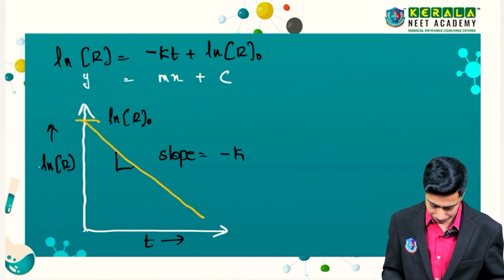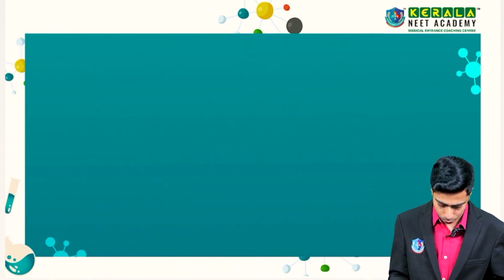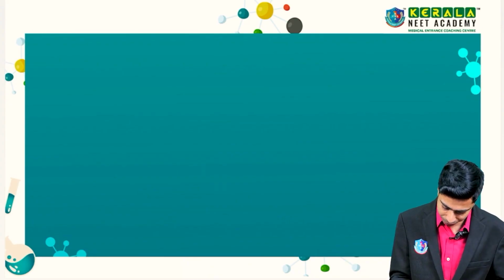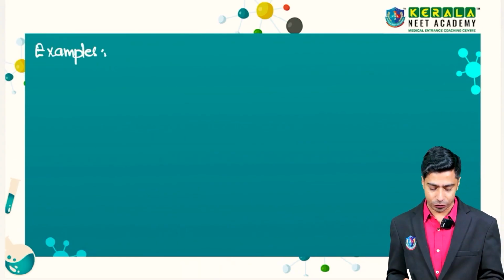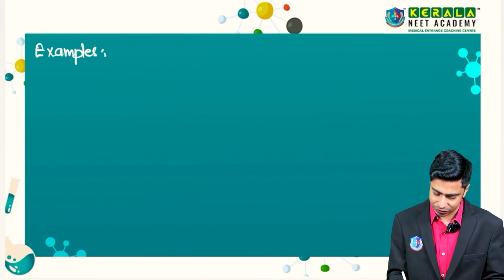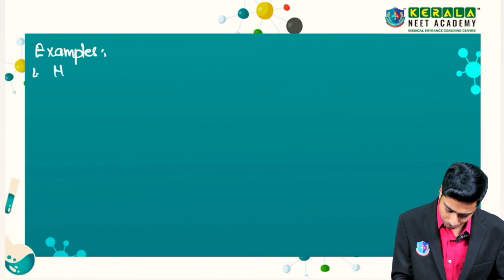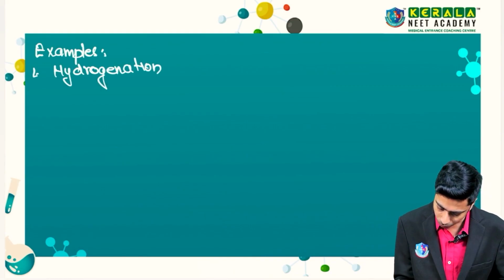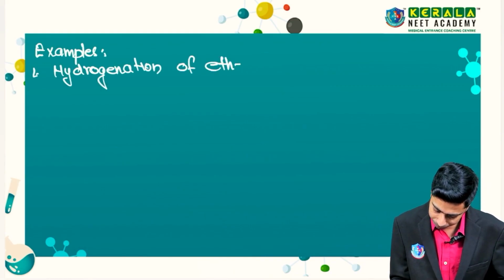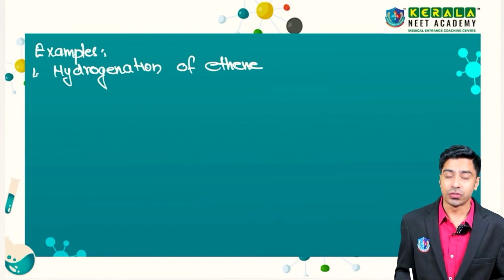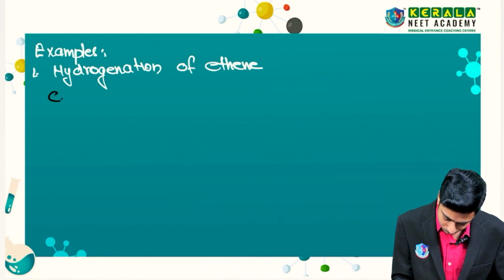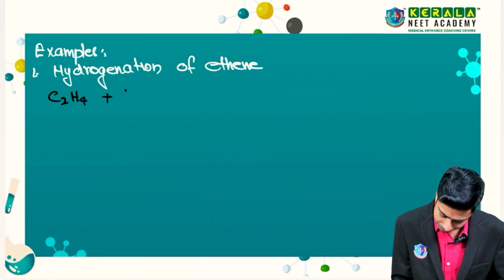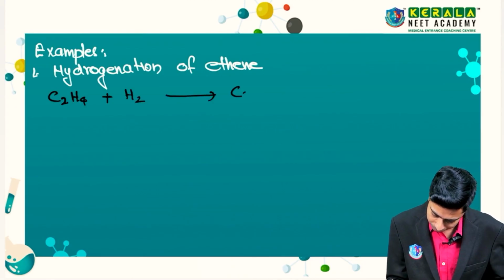Now listen, examples for a first order reaction. The first example is hydrogenation of ethene. The reaction will be C2H4 plus H2 giving C2H6.